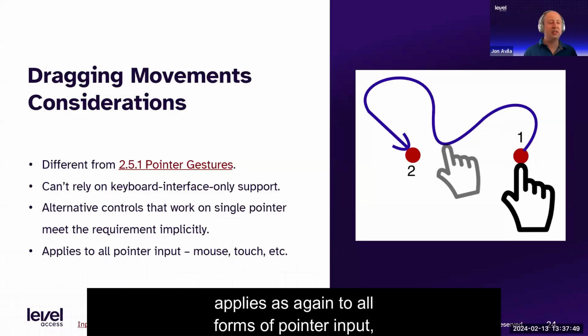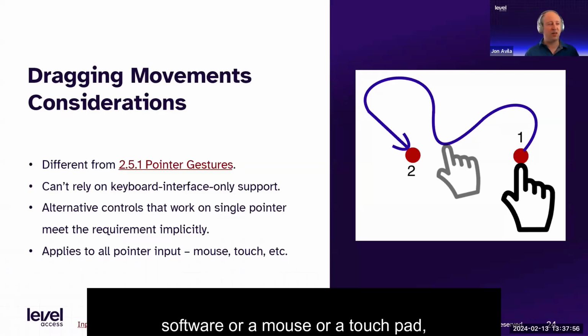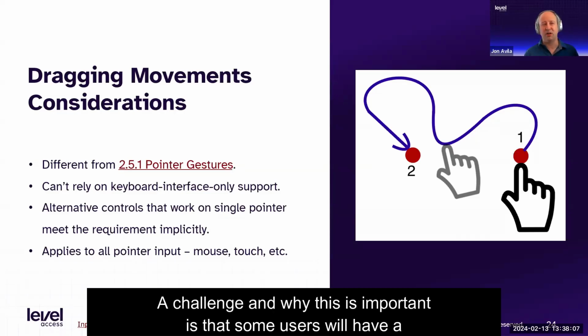And this applies, again, to all forms of pointer input, whether it be eye tracking software, or head tracking software, or a mouse, or a touchpad, whatever it might be. This is aimed at solving this pointer challenge.